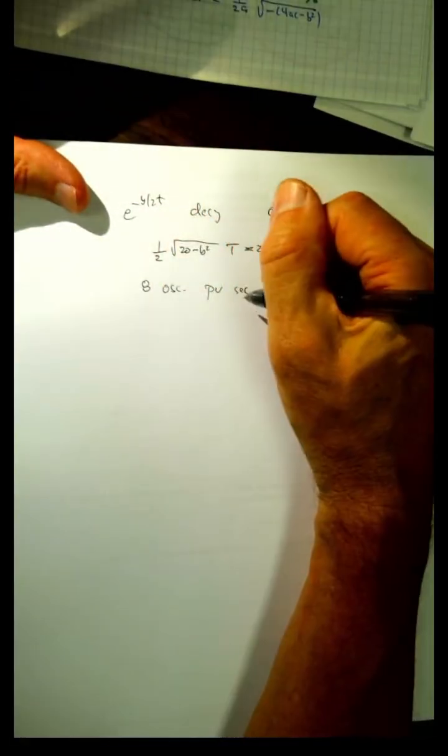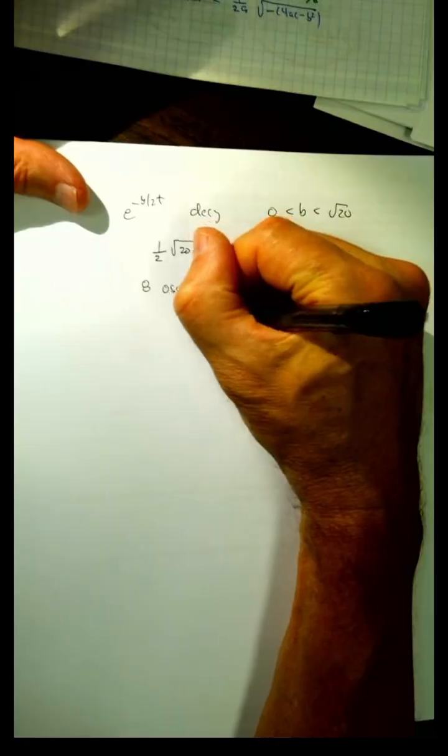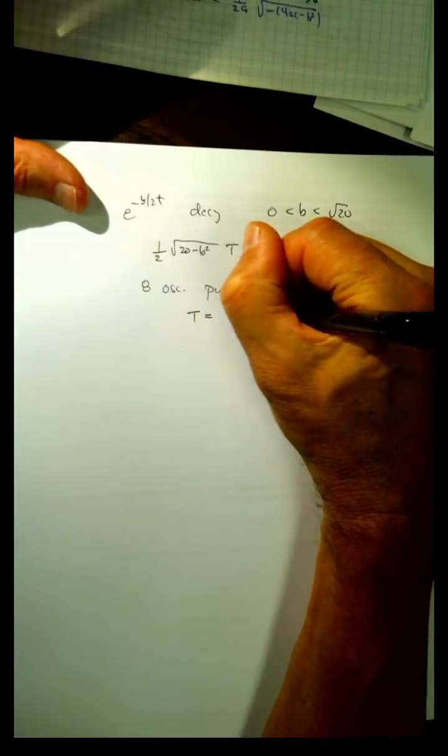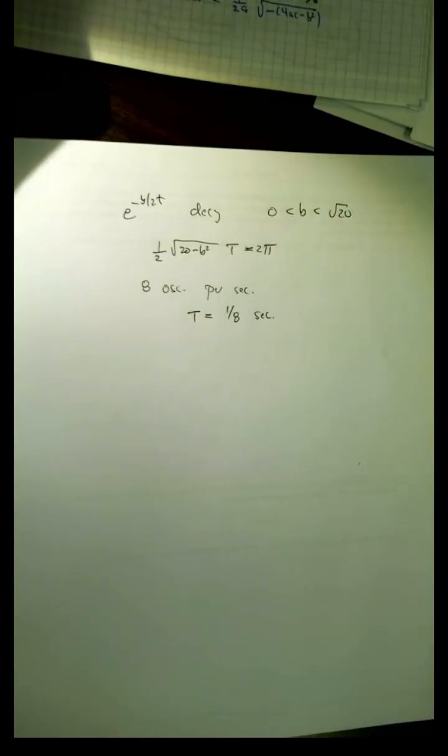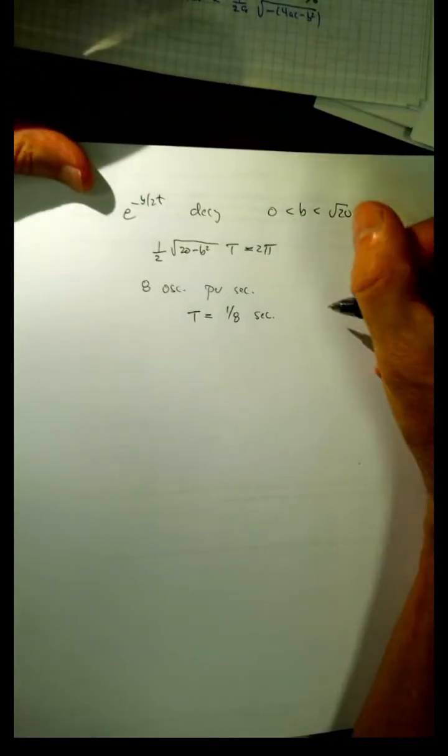We want 8 oscillations per second. That means that each second we have 8 oscillations. So the period is going to be 1/8 of a second. And the question is what is b?